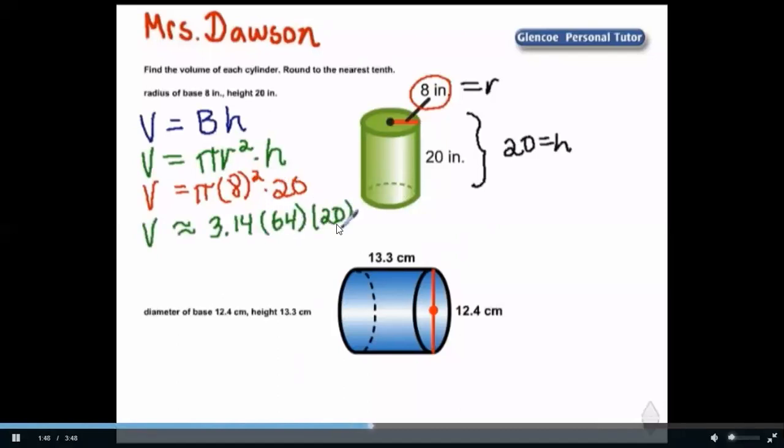And the height is 20. Multiply it all out. And notice she uses approximate because anytime you use the 3.14 for pi, you're getting an approximate. 4021.2 is your multiplication of 3.14 times 64 times 20. And we'll label it inches cubed. Volume is always a cubic measurement.